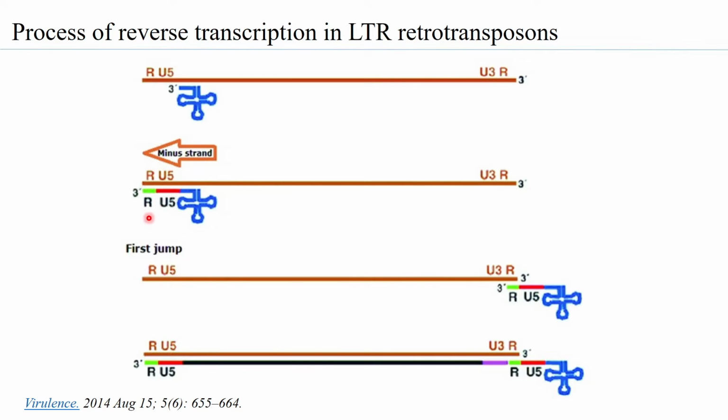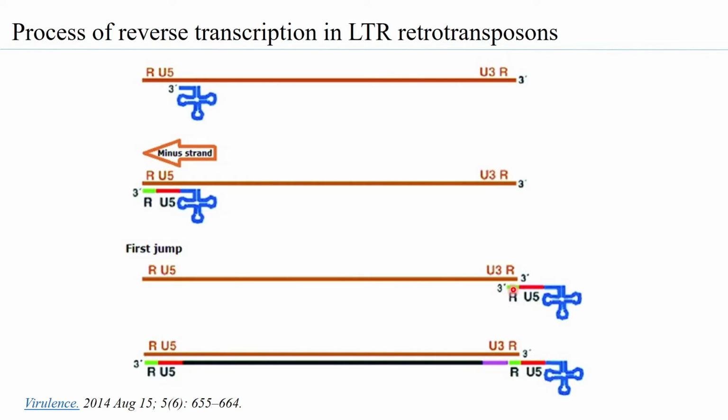Now what happens is very interesting. This entire complex of the DNA with the tRNA jumps to the other end, which is the 3' end of the RNA element of the transposon, and because the R regions are the same, this is complementary to this R, so this will be complementary to this R as well.